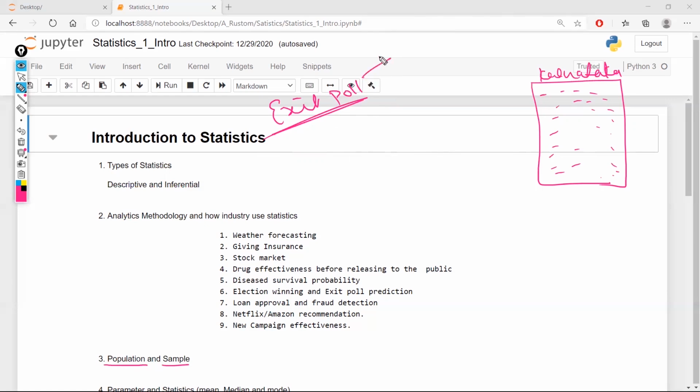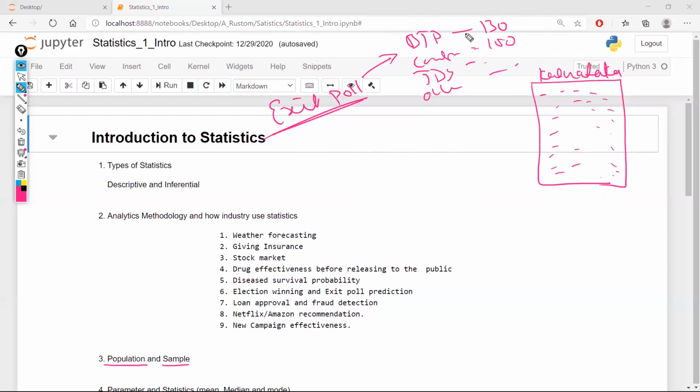They predict that BJP is winning maybe 130 seats, Congress maybe 100 seats, JDS some seats, and others some seats. I'm just taking some numbers here, there's no real data behind it.